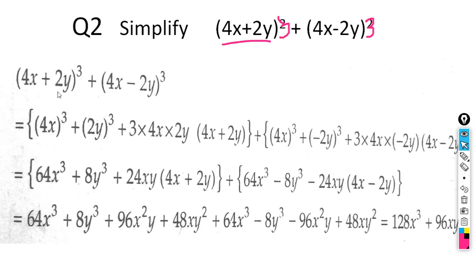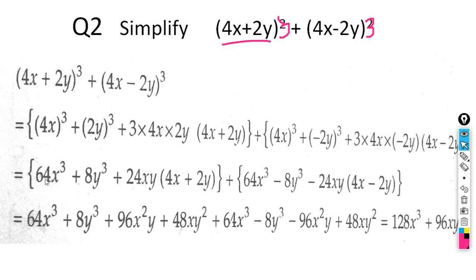So we have (4x+2y)³ + (4x-2y)³. By expanding this, we have a³ + b³ + 3ab(a+b), plus a³ - b³ - 3ab(a-b). Even though you can use this identity as a³ ± b³.